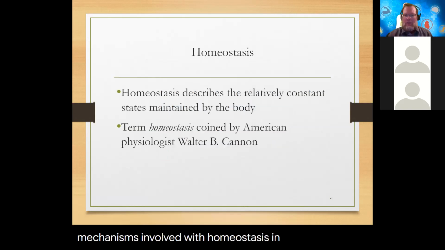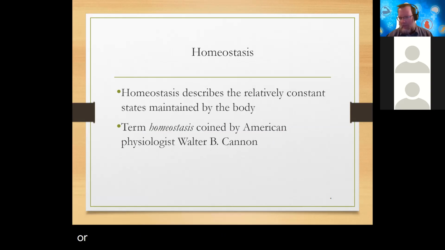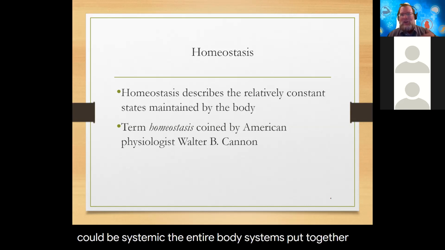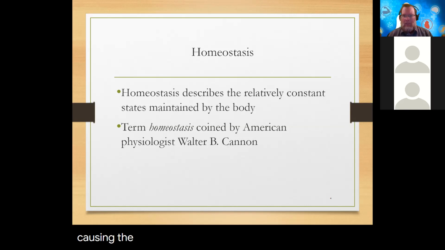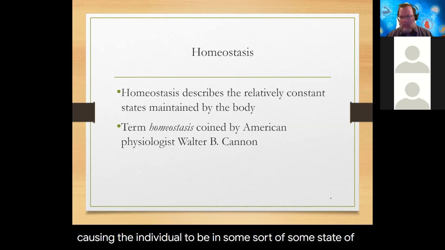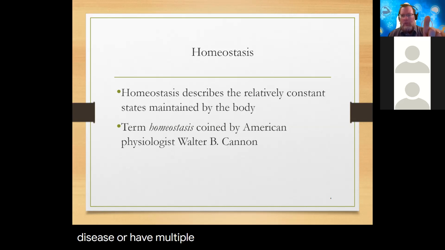In general, it's the consistency and those levels that we maintain that keep us in balance. So a lot of times homeostasis is a way of saying balance. It's kind of like the opposite term for disease or pathology. When someone has a disease or a disorder, an aspect of that individual, which could be an organ, it could be systemic, the entire body systems put together, are causing the individual to be in some state of disease or have a multitude of disorders.